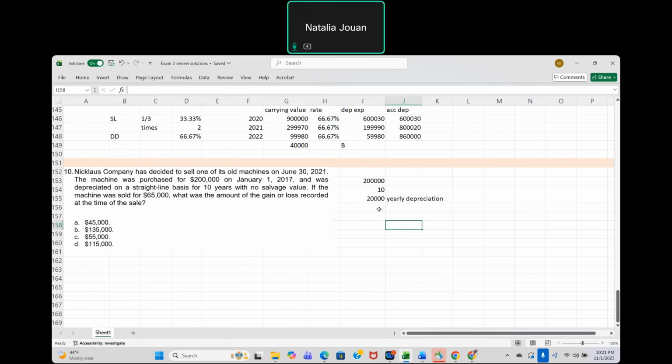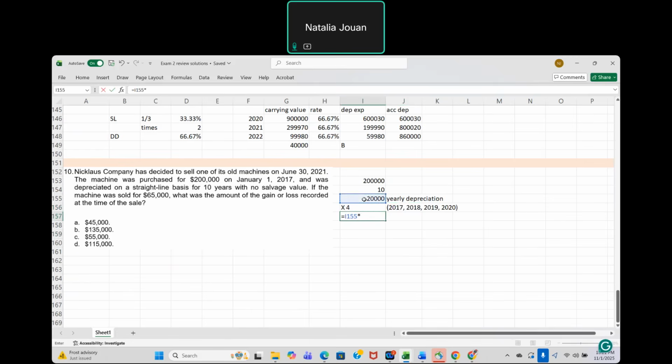So we can say times 4. So it's 2017, 2018, 2019, and 2020. We did not finish the year 2021, so we only have 4 years so far of depreciation.